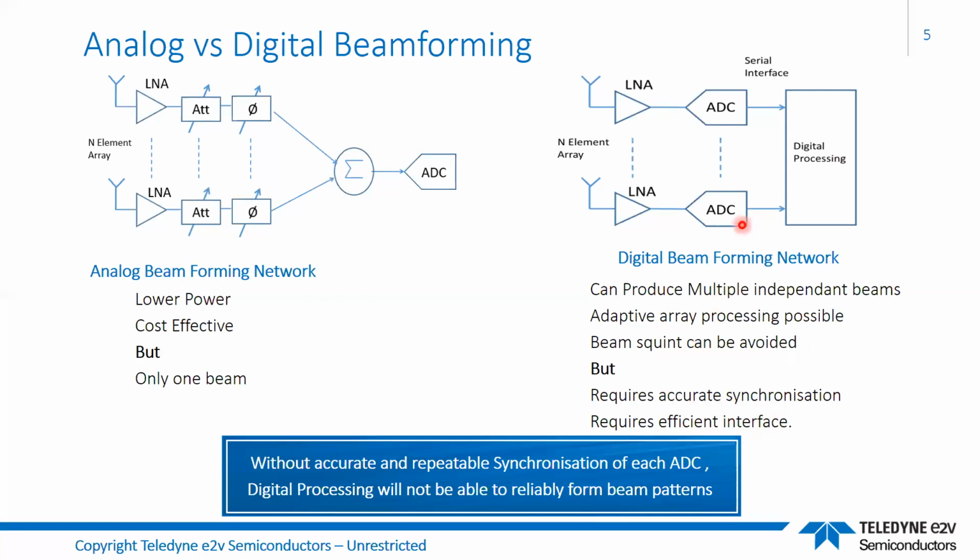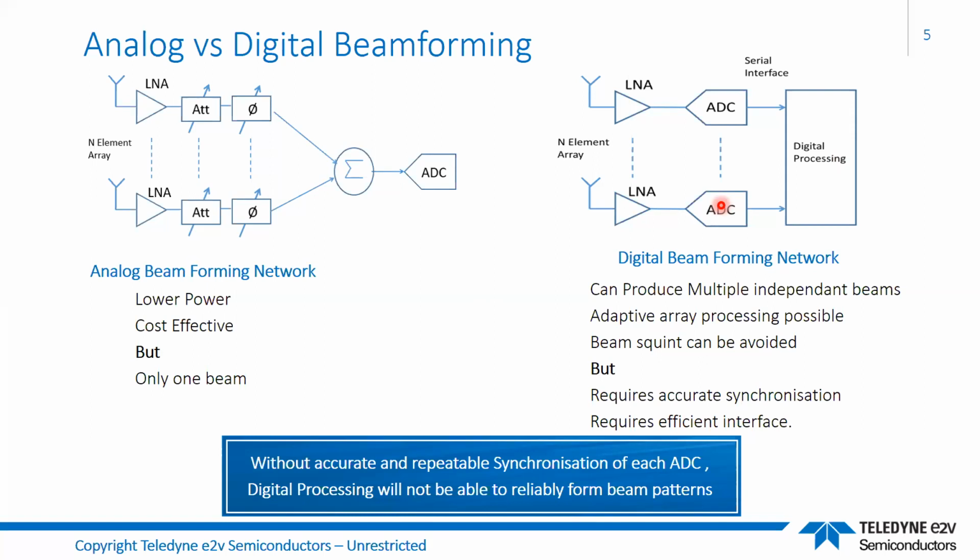However, if this is done, it does require an accurate synchronization of those elements coming out of the ADC. Because if all those ADCs are not sampling at the same time, this provides an error in the calibration and in the calculations that are performed in the digital processing system.